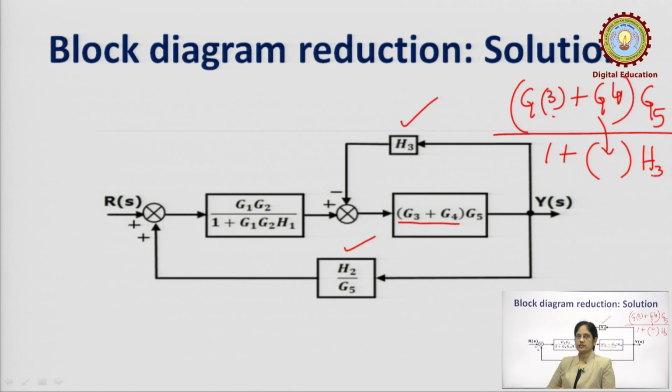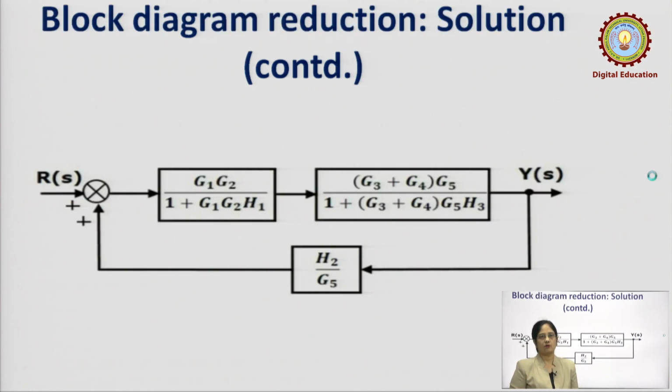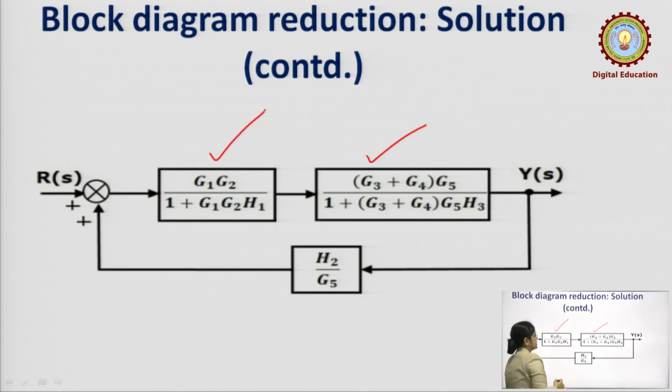After this reduction, so many blocks that were available in the original figure are reduced. Now, we can see that we have used the feedback loop reduction, we have used the takeoff point moving beyond a block, as well as the combination of cascade. So, this is what comes out to be this combination, and this is again now in cascade with this block, that is G1 G2, which was here.